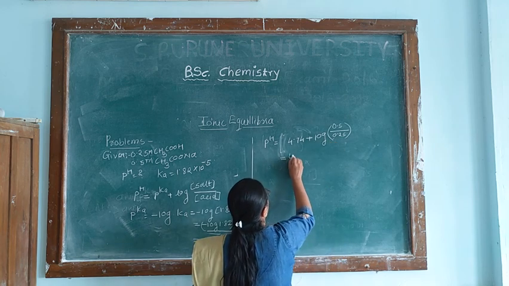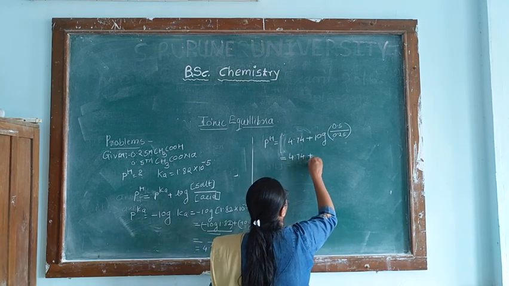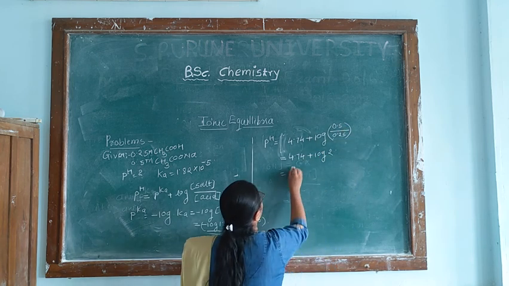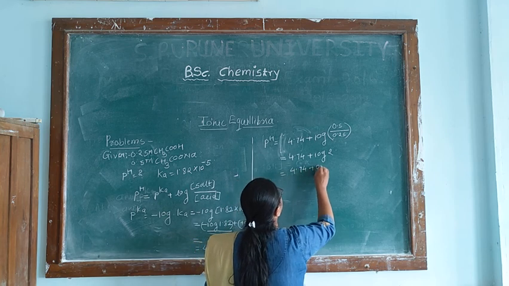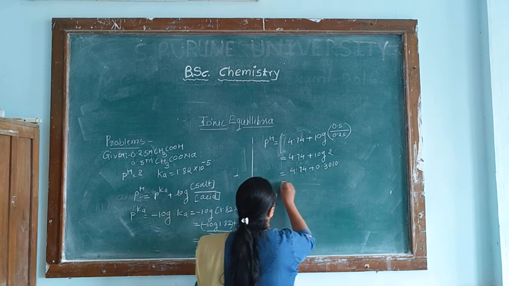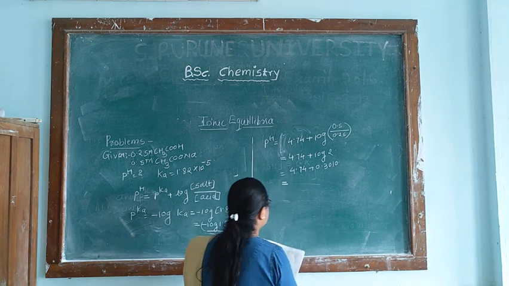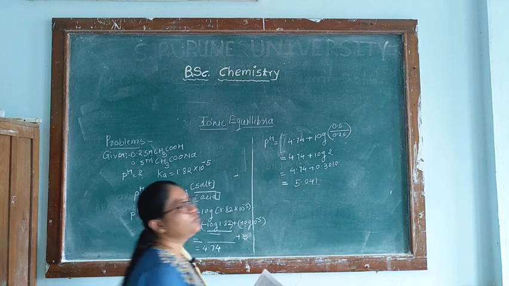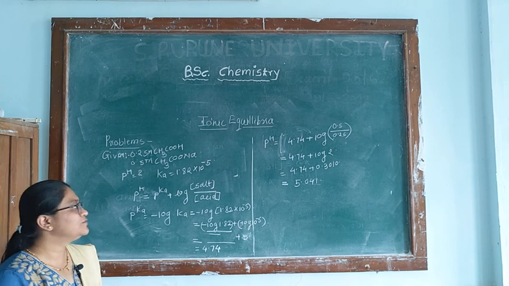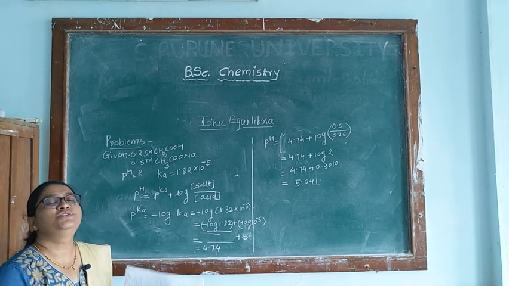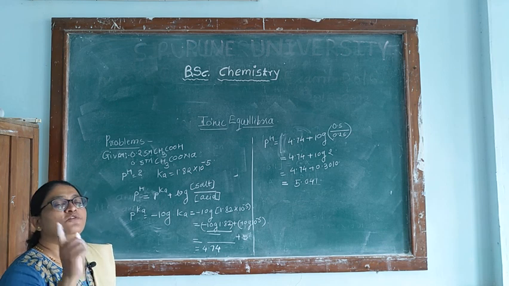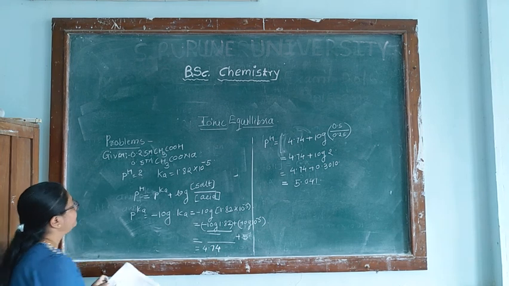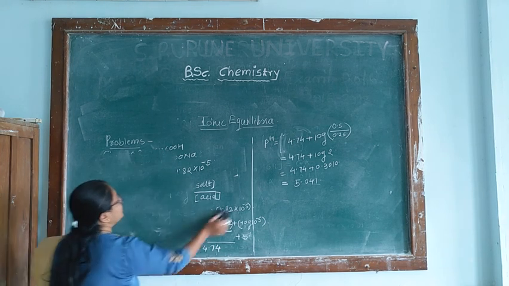So this is equal to 4.74 plus log of, now 0.5 divided by 0.25 is 2, and log 2 is 0.3010. So the pH of this buffer is equal to 5.041. So this is the pH of the buffer solution. This is an acidic buffer which is formed by mixing the weak acid and its salt with a strong base. The rest of the problem we will see in the next lecture.